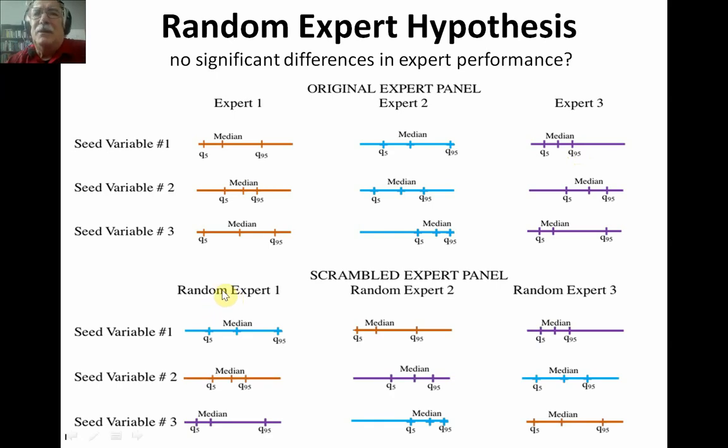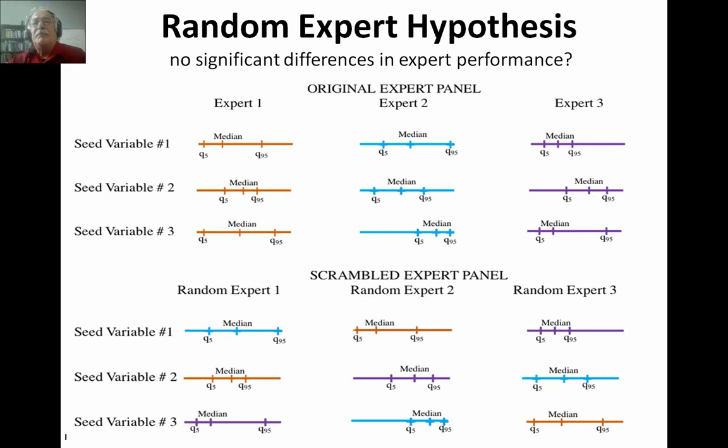We make a new panel consisting of random rearrangements of their assessments. So our new random expert number 1 gets the bad luck from the blue expert for the first variable, he gets the good luck from the second expert for the second variable, and he gets the stomach indigestion from the third expert for the third variable. And now we score this panel with our performance metrics and see how it does.